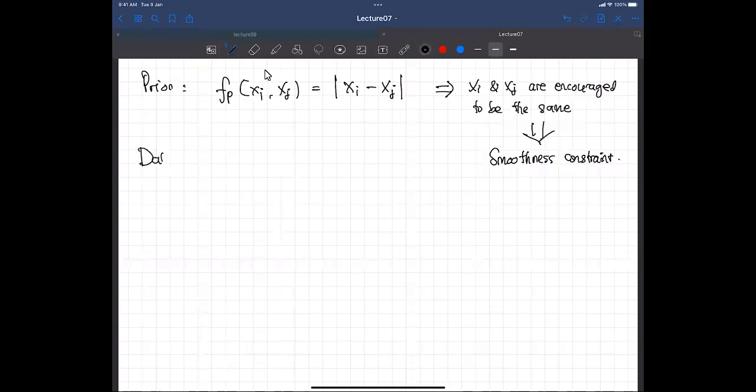For the data term, or likelihood, which is another word for it, is Fd of xi, di. So you have the observation now. There is a problem here in terms of the scale.